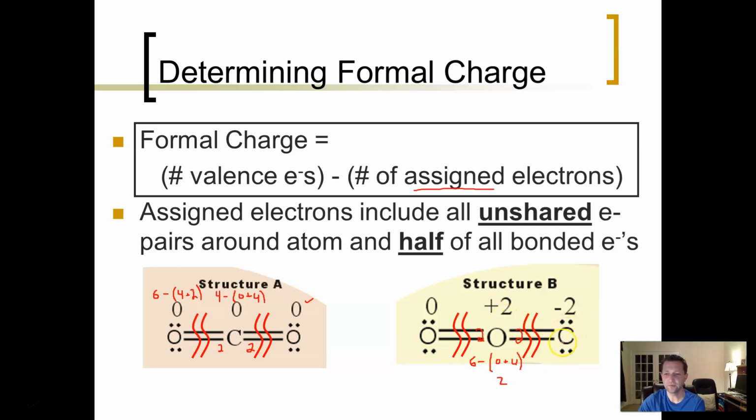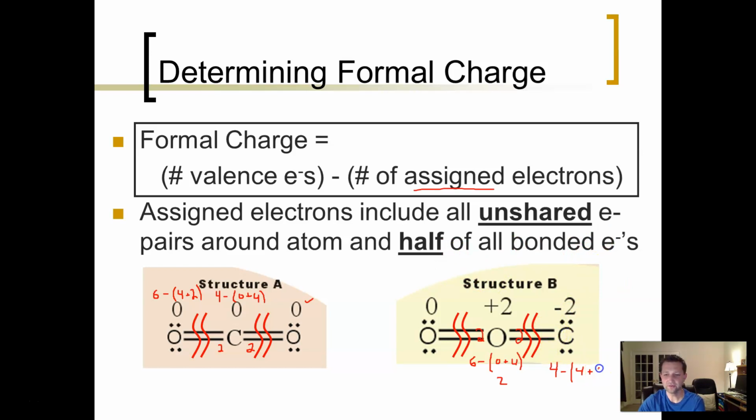Carbon on the right, we have a formal charge of -2. How do we get that? Carbon has 4 valence electrons minus the assigned electrons. So we have all the lone pairs, the unshared electrons. We have 2 electrons here, 2 electrons here, so that's 4 there. And the half of the bonded electrons, we have a double bond on carbon.